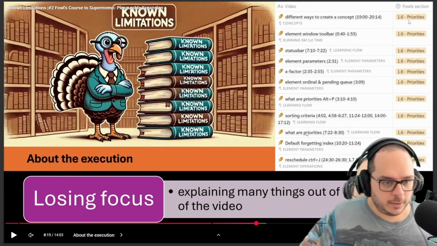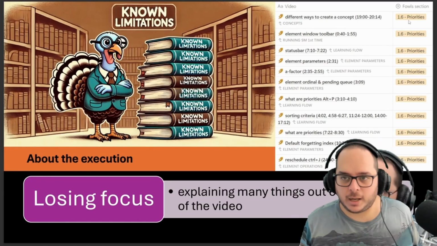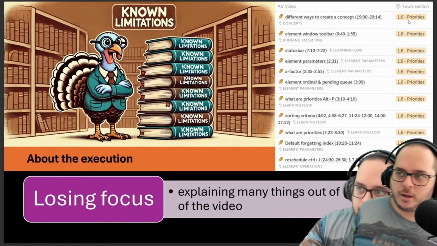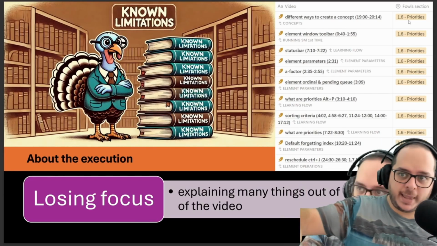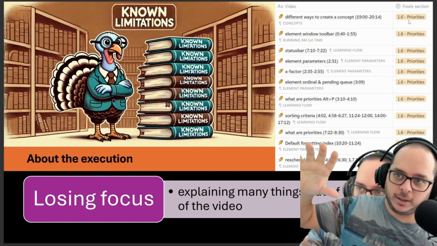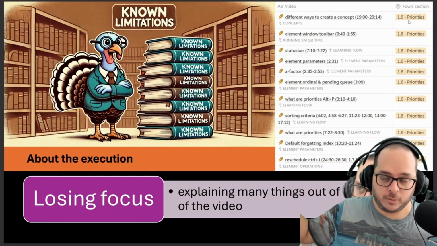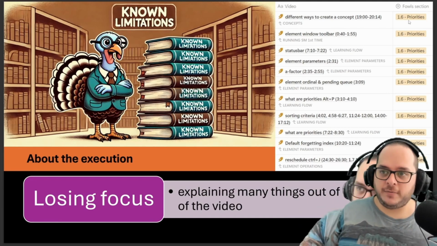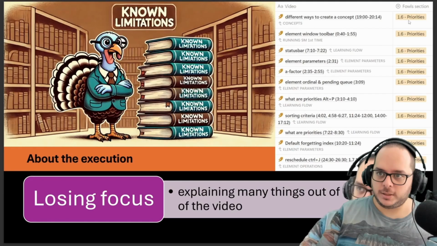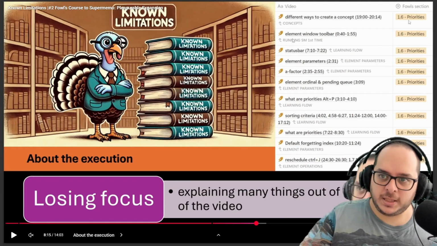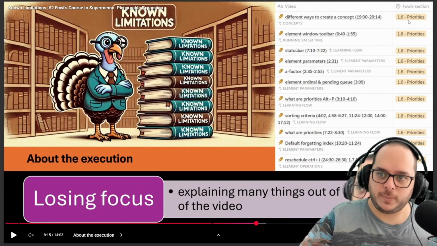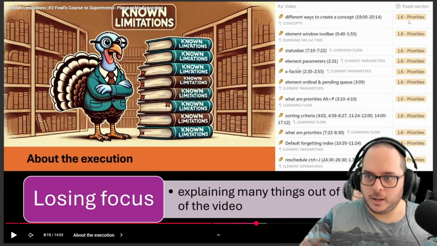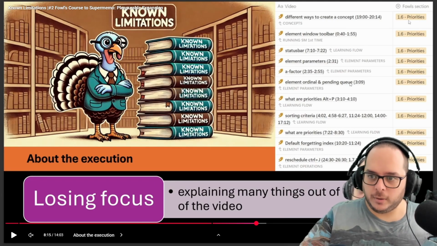Nice. What else? Losing focus. Exactly. So you have a video. That's what I decided: instead of doing a reaction, do a thought-out reaction as a course. And then it was a nightmare, because there's a video about priorities, and look, he spends time on the element window, the status bar, the element parameters, the A-factor, the element ordinal, the pending queue.